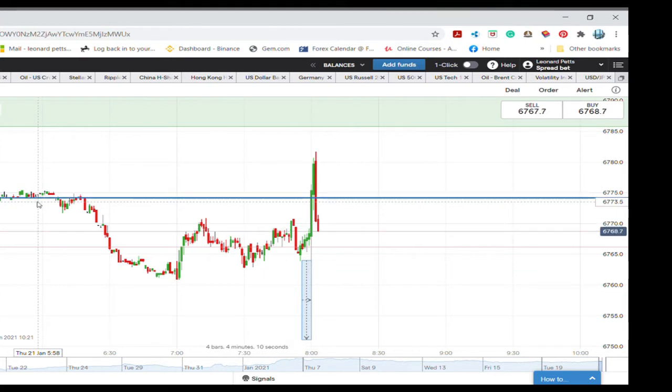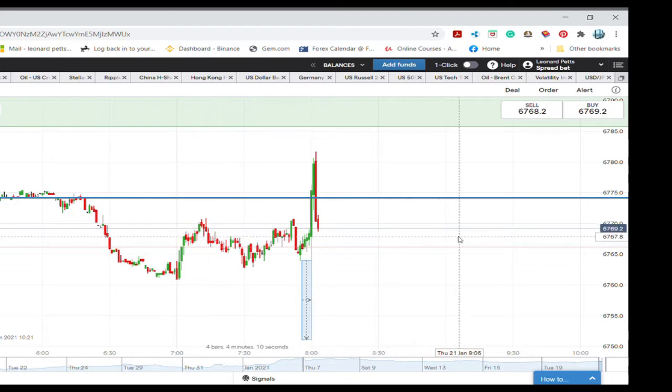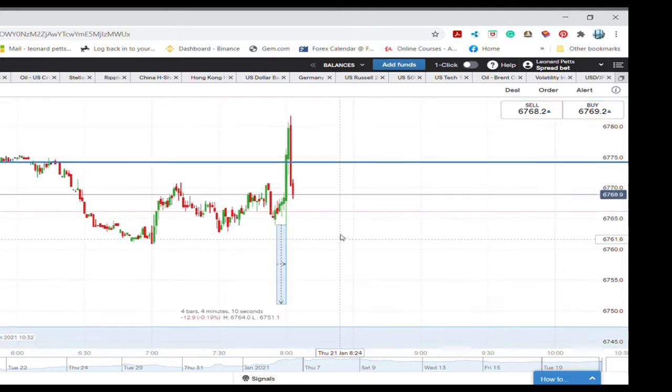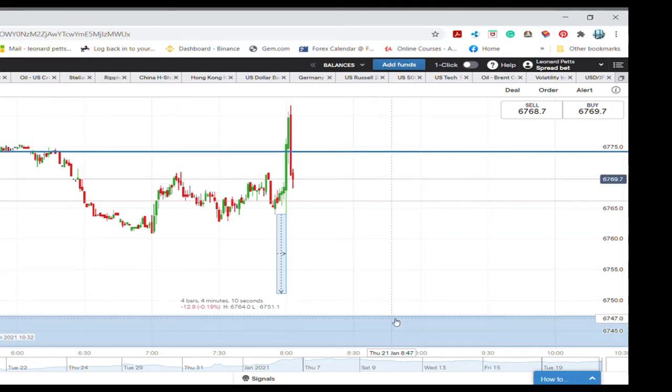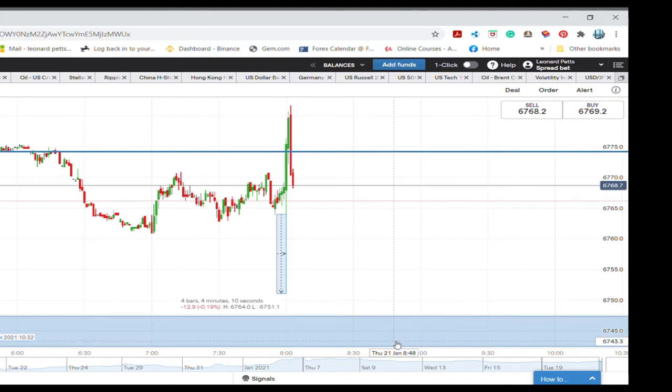So our entry price was 6773 here. Our target price is down here, 6740. Well, between 47 and 42.